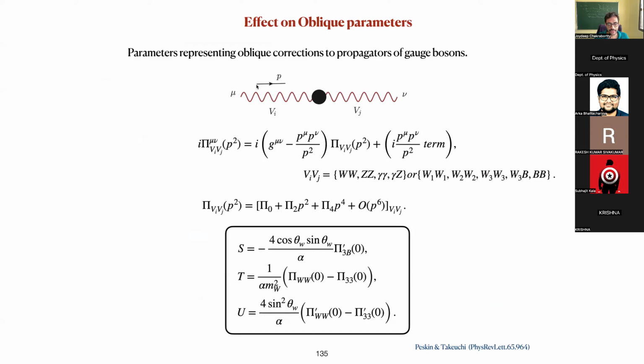So you basically calculate the Pi mu nu, right? And then apart from the standard contributions, you only focus on the effective contributions, because that's the deviation you would expect. And if you calculate the STU, you will get them in the unphysical basis, but you can always diagonalize them and go to the physical basis and so on.